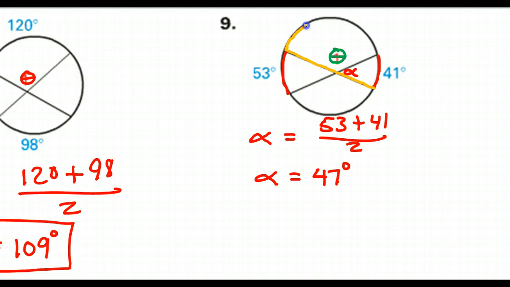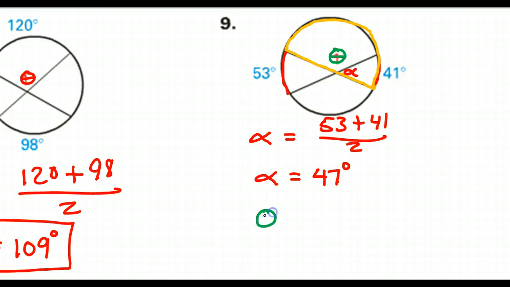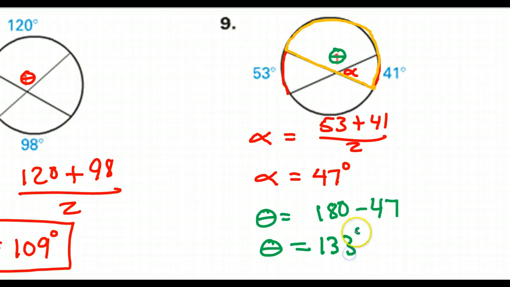This is a semicircle that goes from here to here like this. So these two have to add up to 180 degrees. So if the one angle is 47, then I should be able to subtract from 180. So my other angle should equal 180 minus 47. So the angle I really want is 133 degrees.